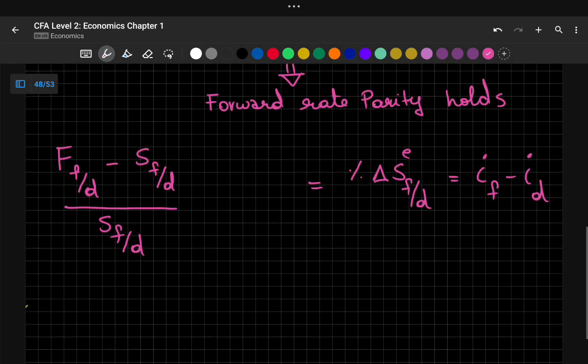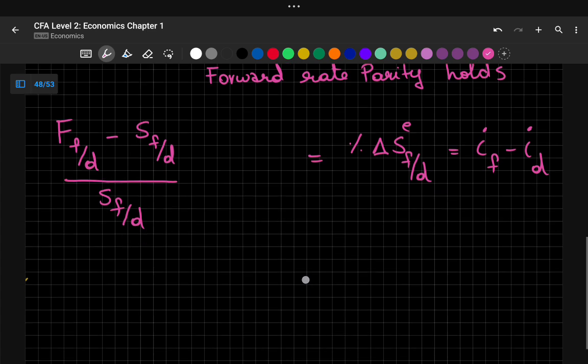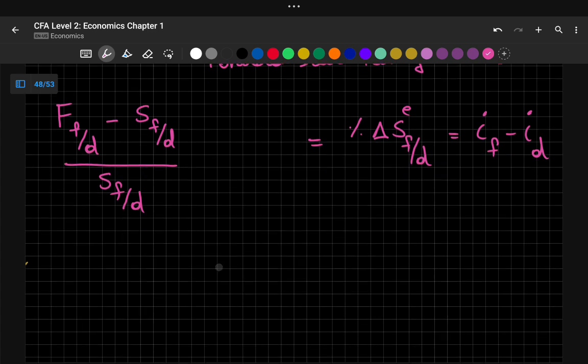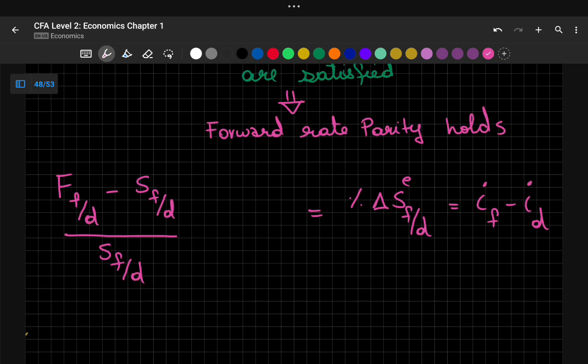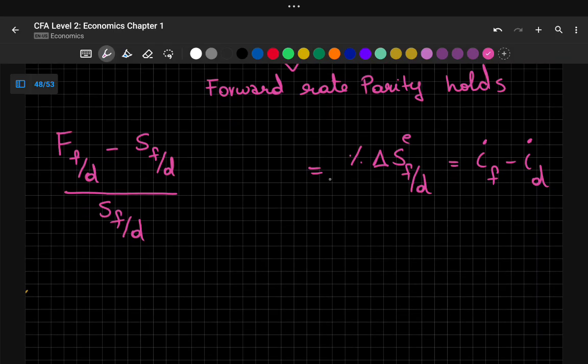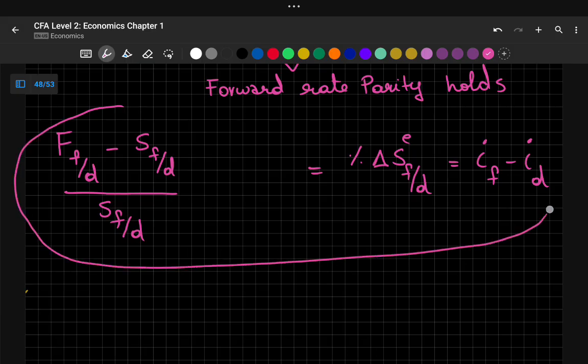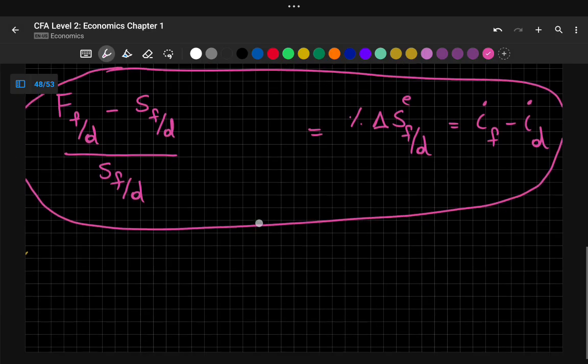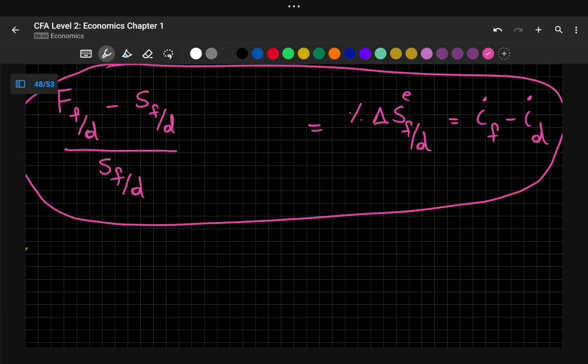Okay, now based on this, this is how we can derive the forward rate parity condition. This is also a part of the forward rate parity condition. And what do we understand by this?